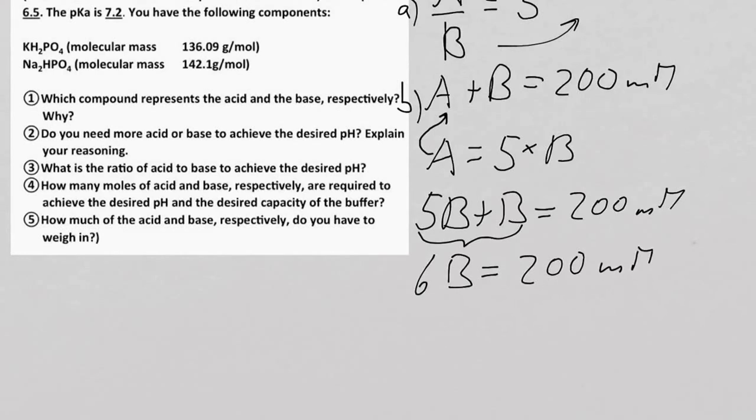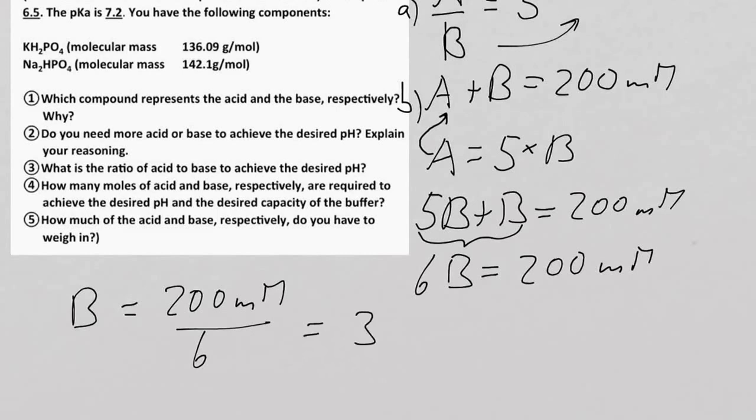And the base concentration, therefore, B equals 200 millimolar divided by 6 equals 33.3 millimolar.